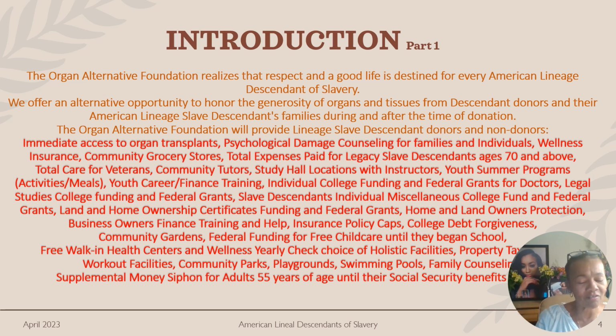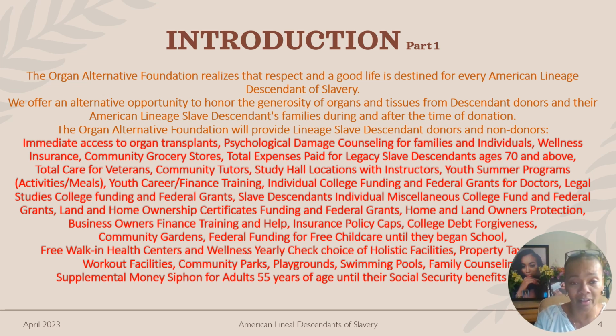Supplemental money siphon. Now this one right here is a little, I don't know, but I think it's good. Supplemental money siphon. And I would say maybe like $1,000 a month, or $500 every 2 weeks or something, for adults 55 years of age until their Social Security benefits begin to kick in.